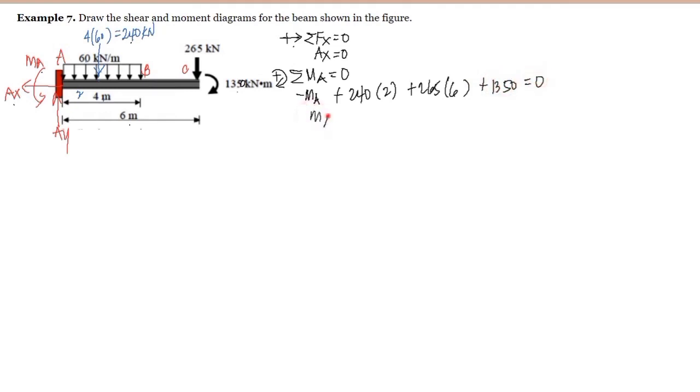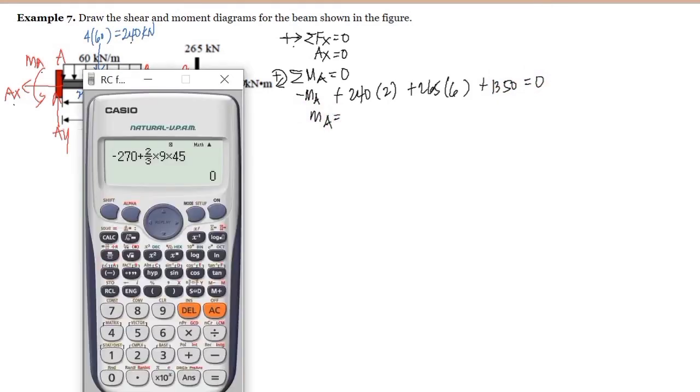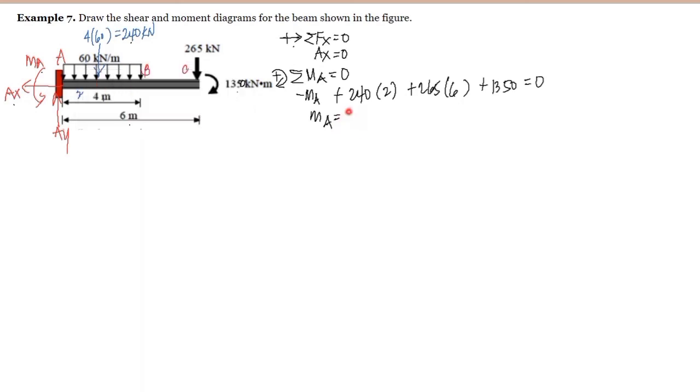So solving for the value of the moment at A: negative moment at A plus 240 times 2 plus 265 times 6 plus 1,350 is equal to 0. Shift solve equals, and we have 3,420 kilonewton meter.